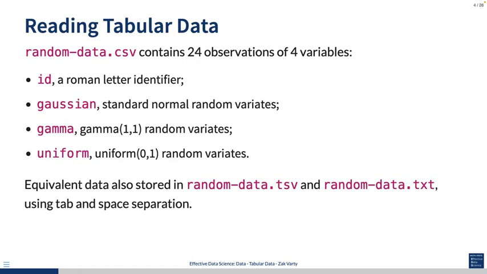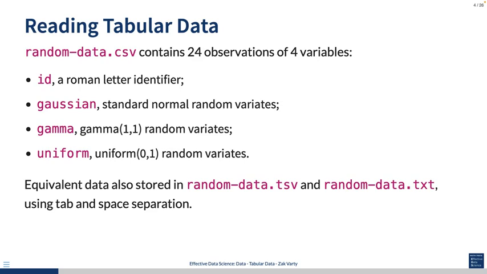To demonstrate reading in each of these file types, we're going to load in some example toy data. This is going to be in the form of random data .csv, .tsv, and .text. These data files all contain the same information, and it contains 26 observations of 4 variables.